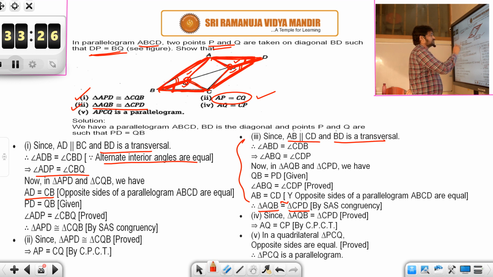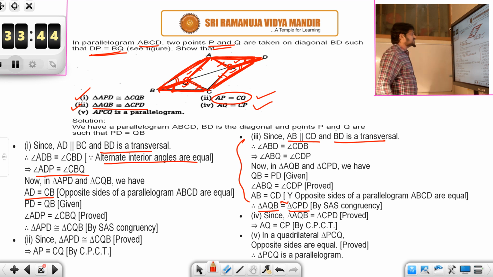Now if you have proved these two triangles are congruent, the rest is using CPCT. So using CPCT you could show that AQ is equal to CP. In the second part you have shown that AP is equal to CQ.